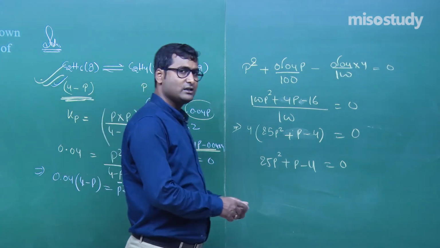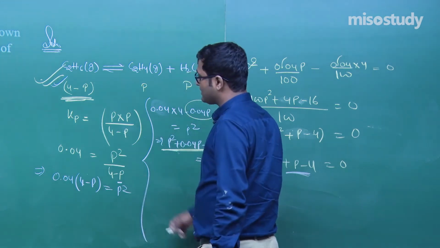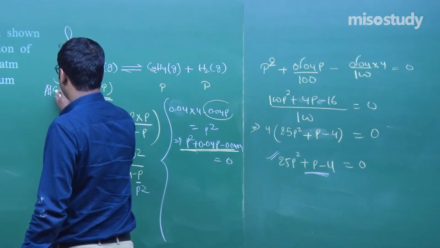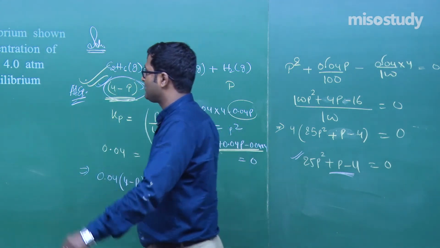Now you can easily solve the expression and get the value of P. So the equilibrium concentration is 4 minus P. Let me check once.